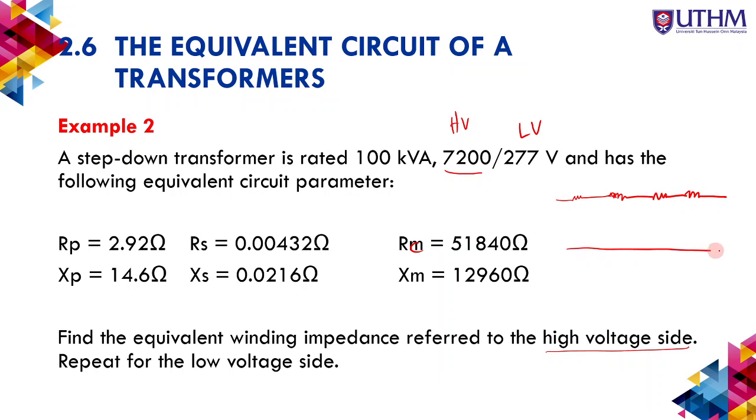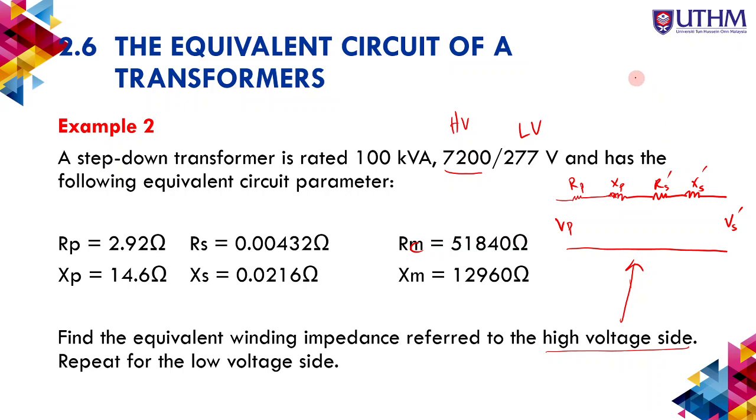So this one will be Vs prime, Xs prime, Rs prime, Xp, Rp, Vp, because this is referred to the primary side, the high voltage side. Now we need to calculate the Rs.